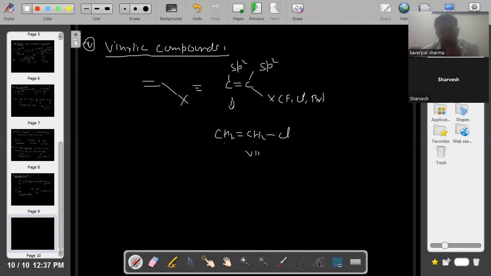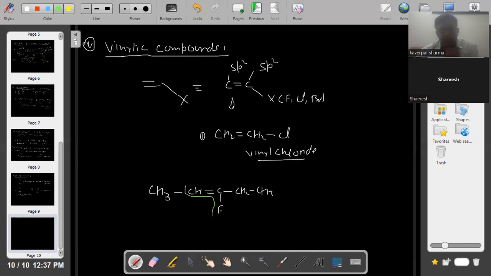So that is vinyl chloride. This situation can come anywhere. Like CH3, CH double bond C, if here is chlorine, here is CH2, then CH3. So this is a double bond, this is a single bond to chlorine. That is also vinylic state.